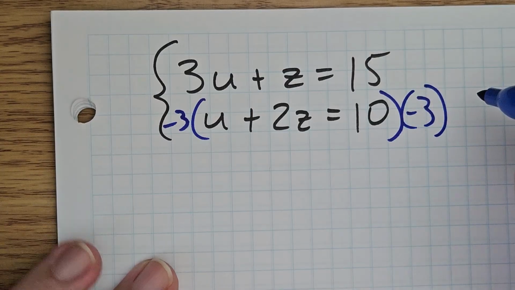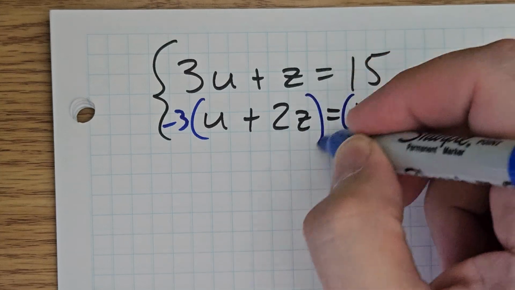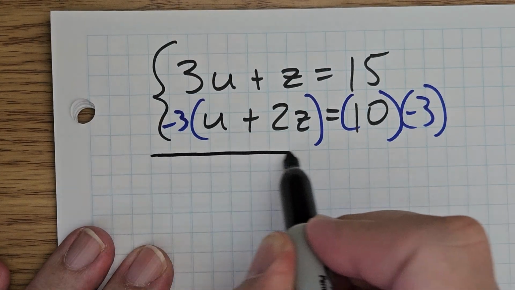So I'm going to multiply really the whole equation by -3, or you could call it multiplying both sides by -3. Either way, I'm just going to multiply every term of equation number 2 by -3.